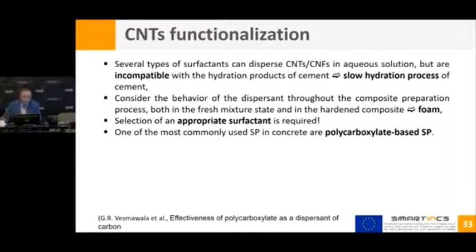So you have to take care and check that your surfactant doesn't create any problem. And then one of the most commonly used superplasticizers, the ones based on polycarboxylate, are effective both in the dispersion of the cement grains and also in the dispersion of carbon nanotubes.